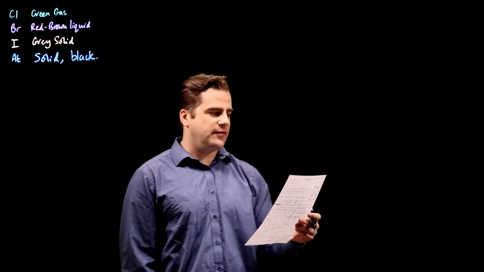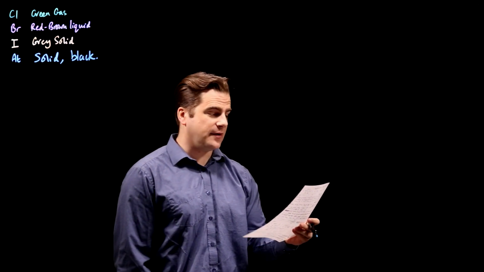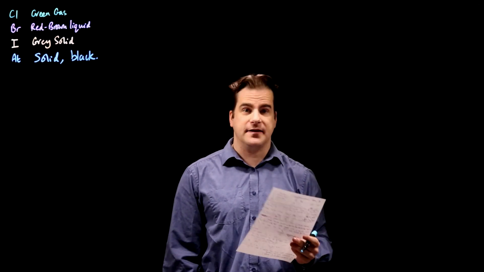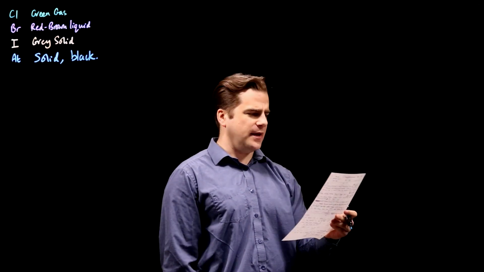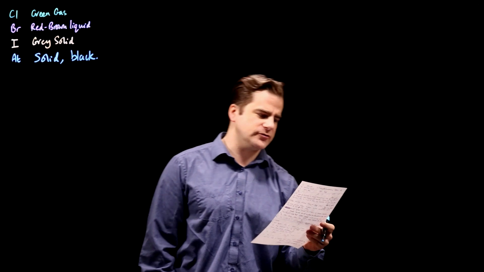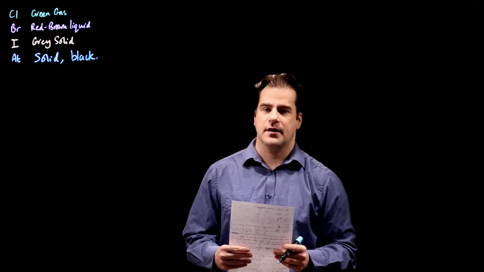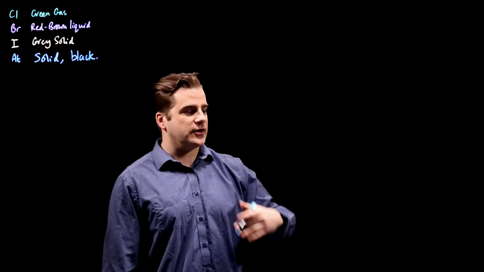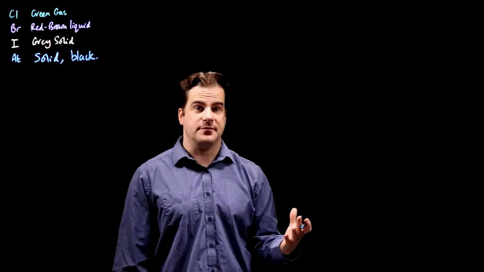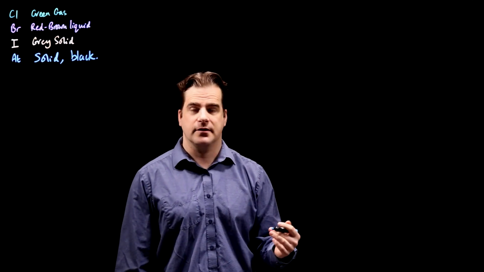The order of reactivity of chlorine, bromine and iodine can be determined by carrying out displacement reactions. Explain how displacement reactions can be used to show the reactivity of these 3 elements. 6 marks. So we've just got to churn out our knowledge about displacement reactions and get 6 marks.